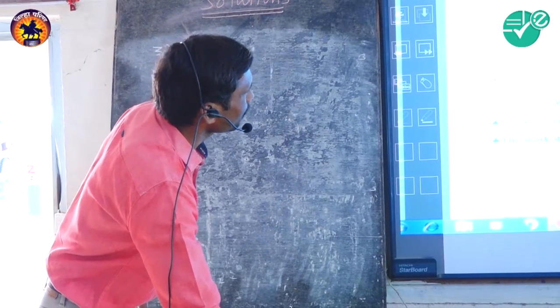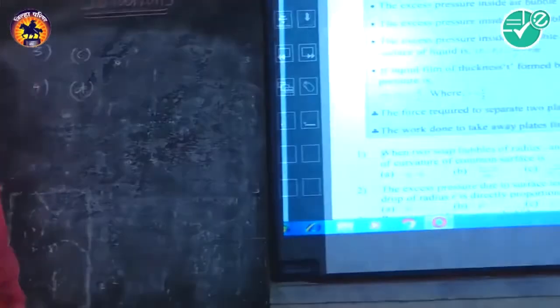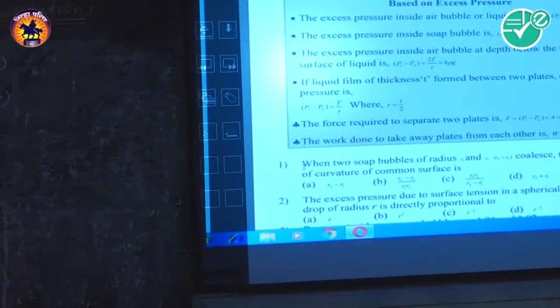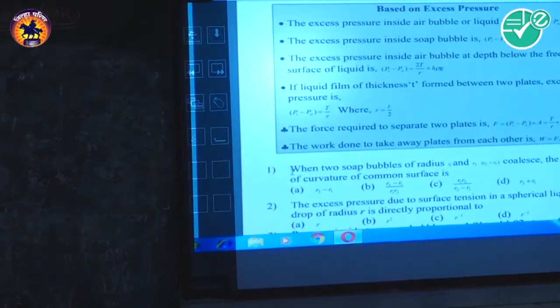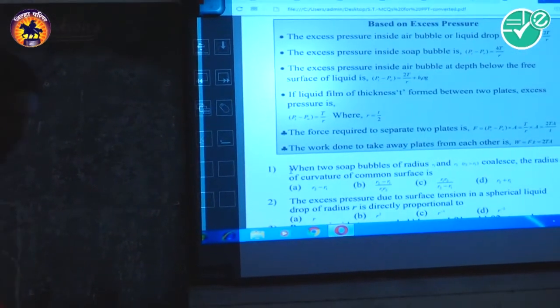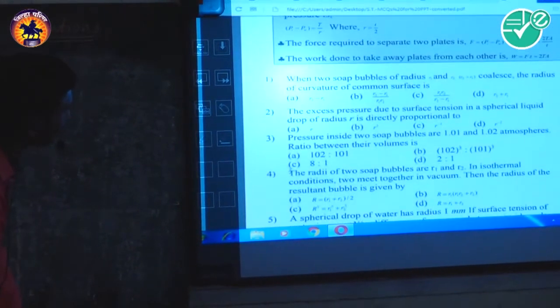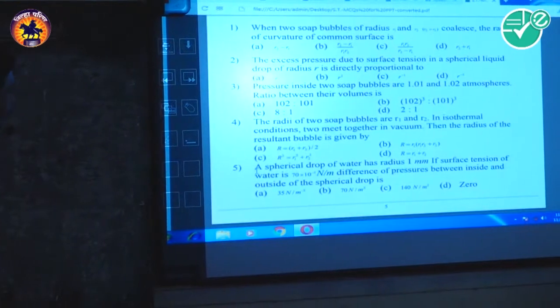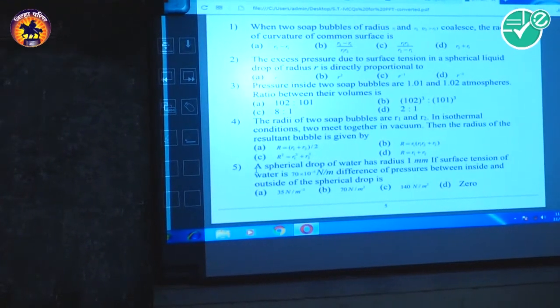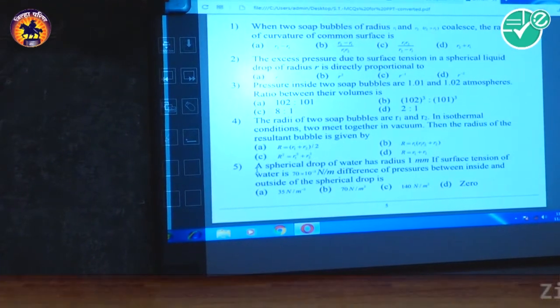Then we shall take here the MCQs based on the excess pressure. Here some important formula related to the excess pressure. Take here the first MCQs.